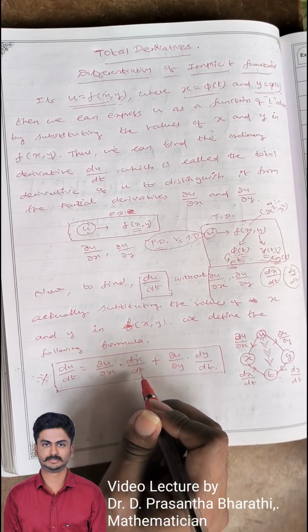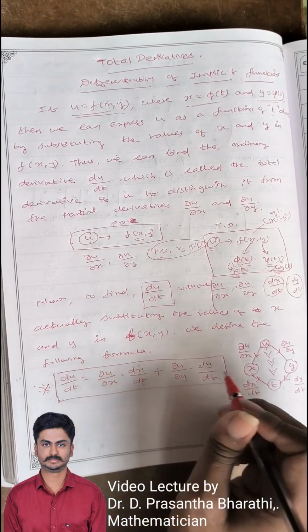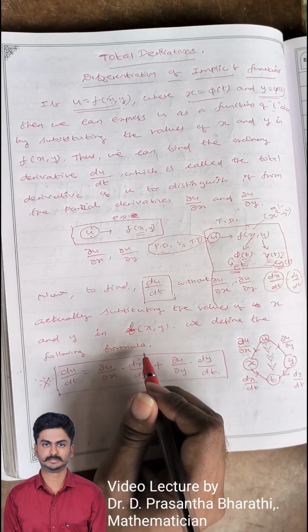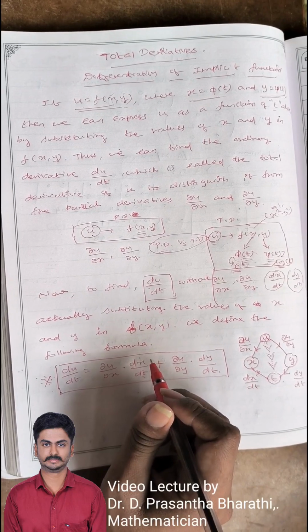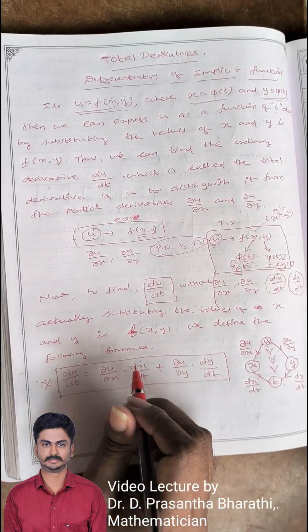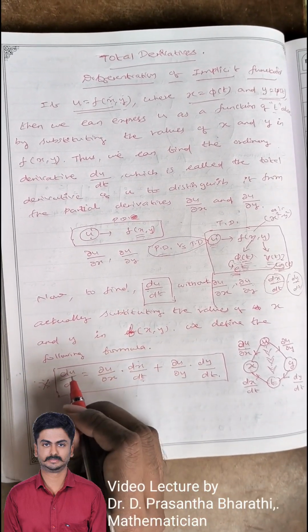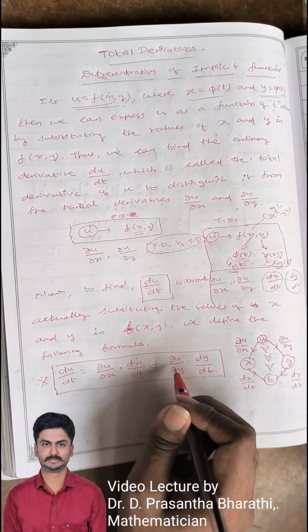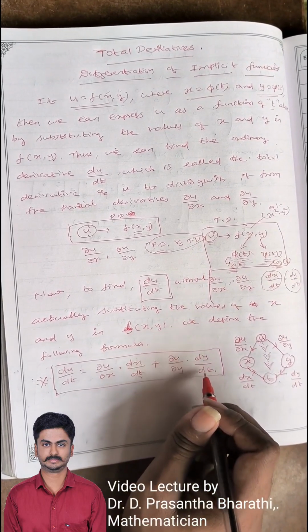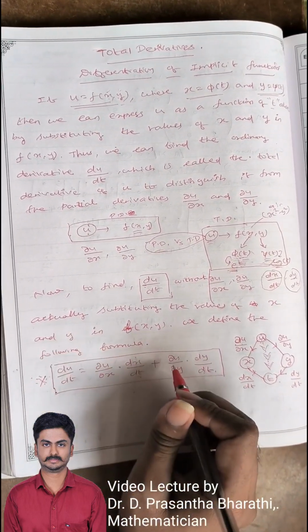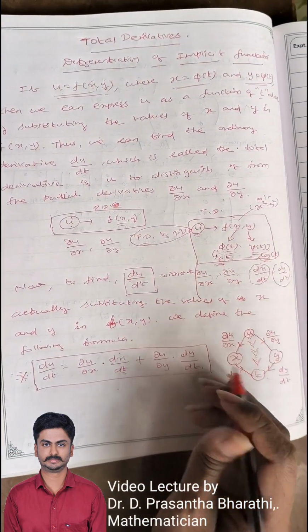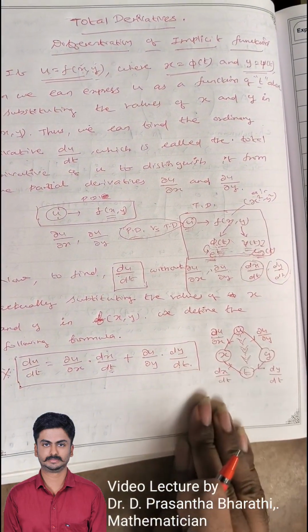That is one case. And for three variables, if u is a function of three variables f of x, y, z, what will the formula be. So how to prove du by dx equal to dou u by dou x plus dou u by dou y into dy by dx? We are going to discuss all those things in our upcoming class.